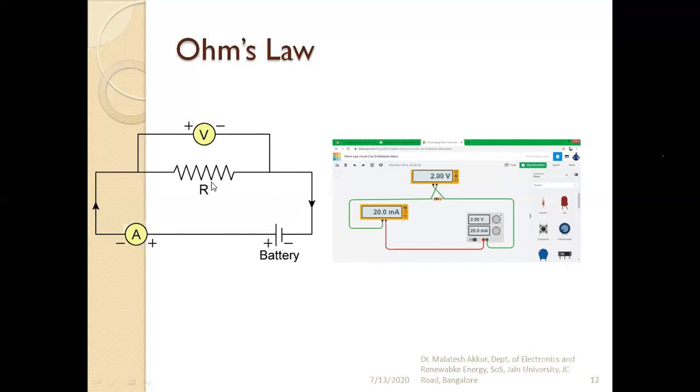But in the lab, we use resistance boxes, potentiometers or fixed resistors to do the experiments. Now here, the battery, or the RPS. This is an ammeter. This is a voltmeter. As you know, the ammeter is in series with the resistor.